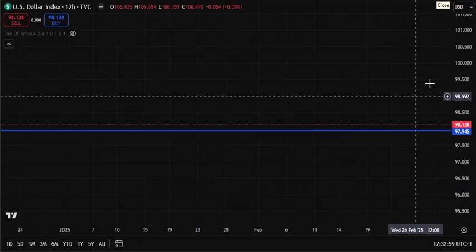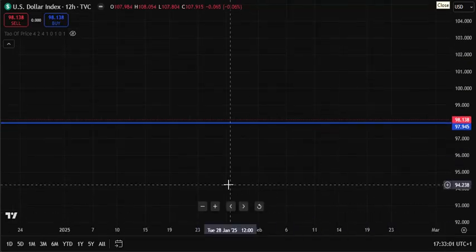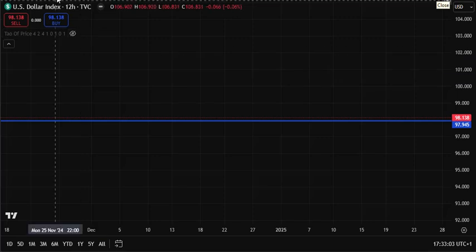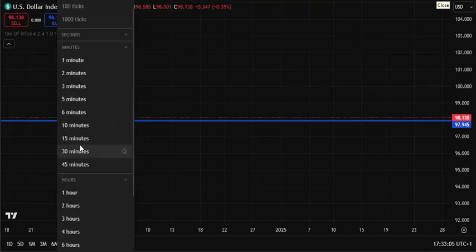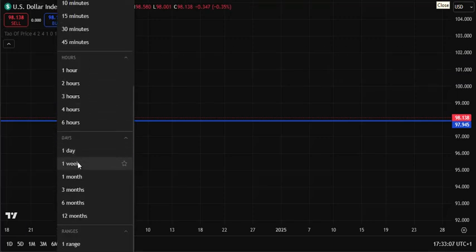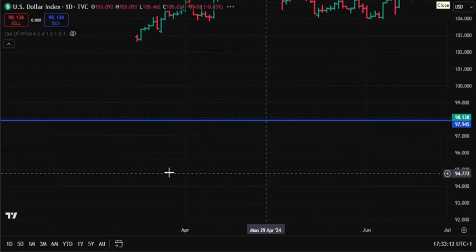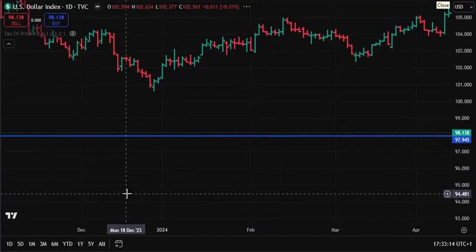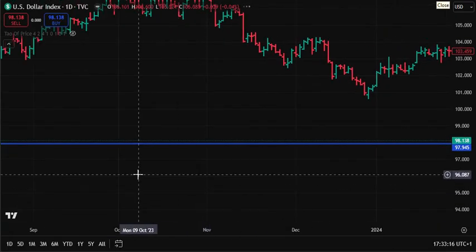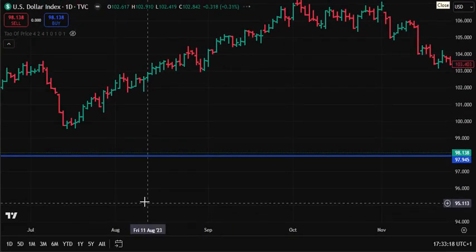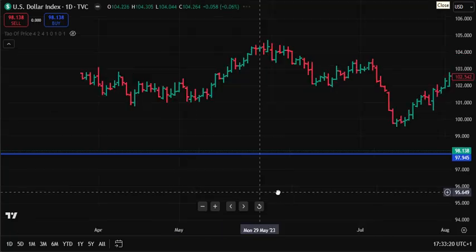Let's go to a higher time frame, the dailies, and see if we get anything come up. Wow, the dollar hasn't been this weak in a very, very long time. Just looking for something.